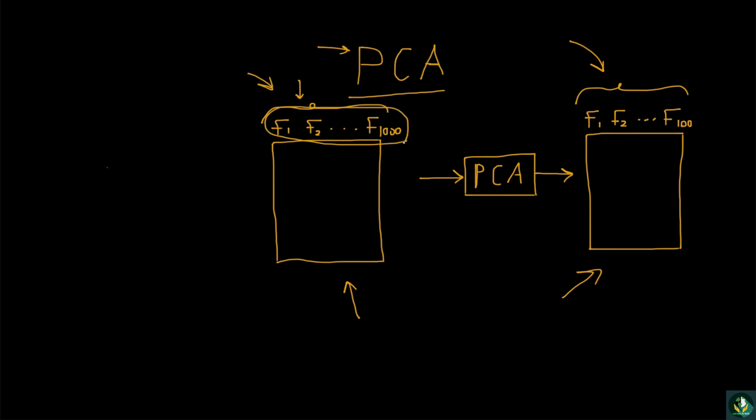So here we didn't remove any column or feature, but we used all these features to create these new features. In the next lecture, we will learn how to use this PCA in our pipeline.